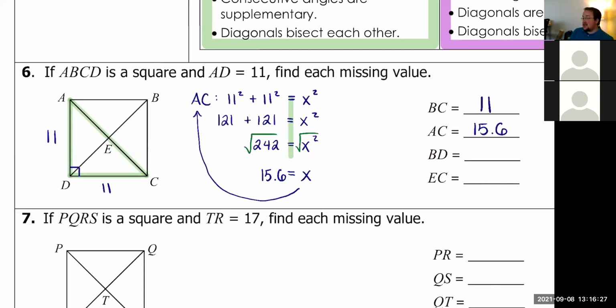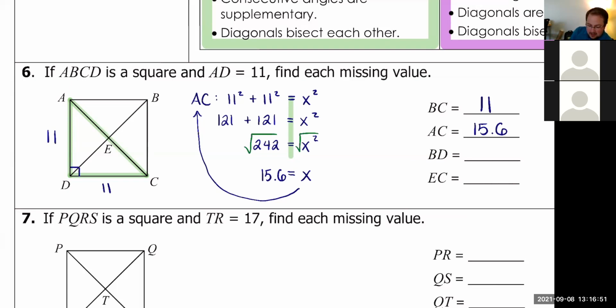What about BD? Would you work it the same way you just worked AC? I'm glad you said that, but if we worked it the same way we did AC, I'm still going to have two legs that are 11s since it's a square. So shouldn't I come out with the same answer? Yes. And hopefully that doesn't shock us, because isn't a square a special type of rectangle?